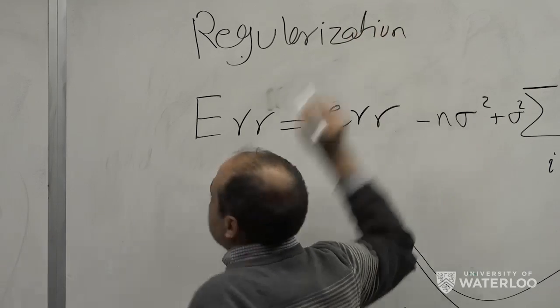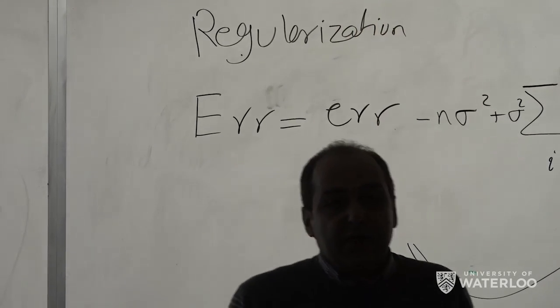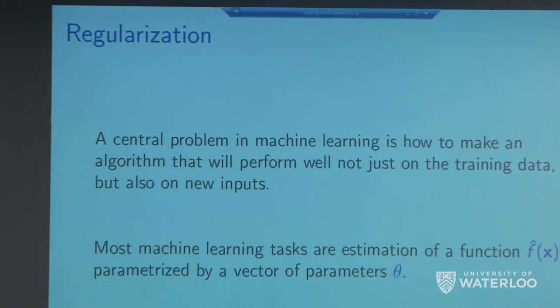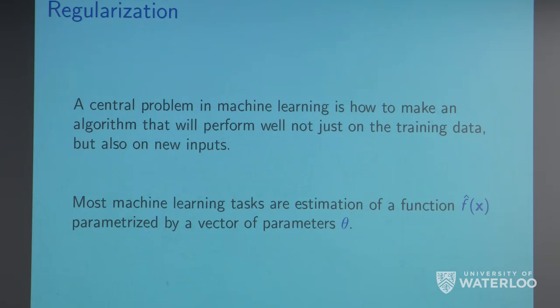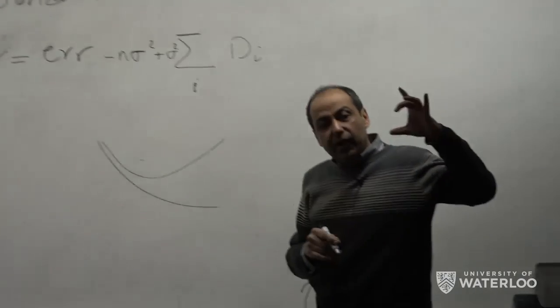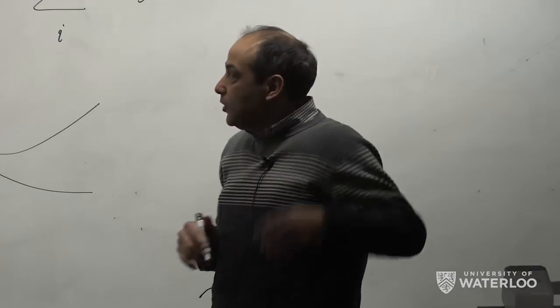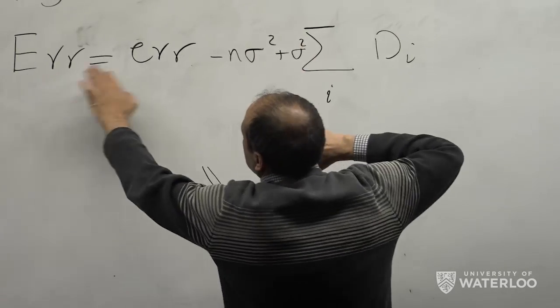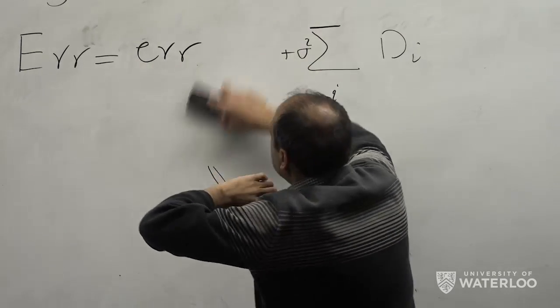Regularization is a general name for a class of techniques to avoid overfitting in any machine learning algorithm. But using the formula of Stein's unbiased risk estimator, again, you can get some insight about regularization. See here, this is constant. As far as I want to minimize this, it has no effect.